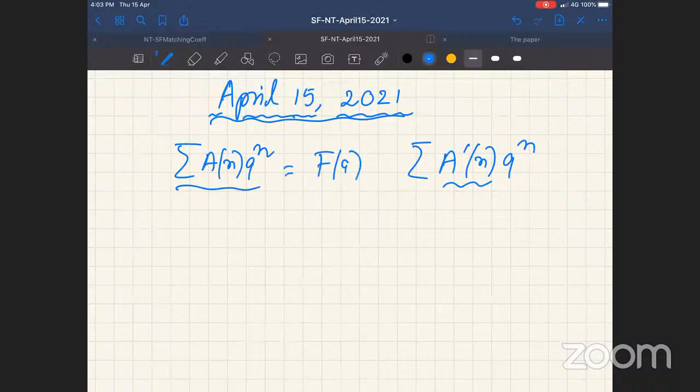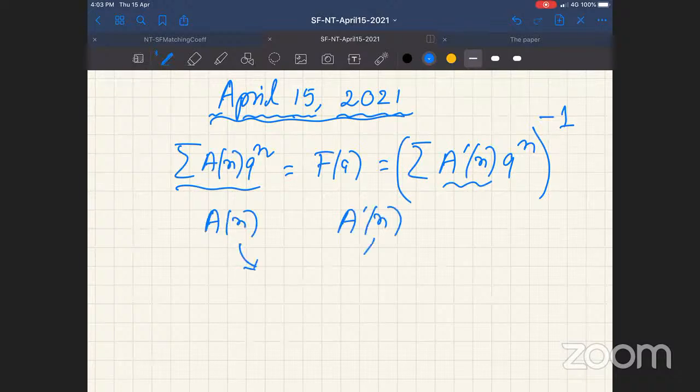Then for some Q products, we have seen that these A n and A prime n actually match in some subsequences.